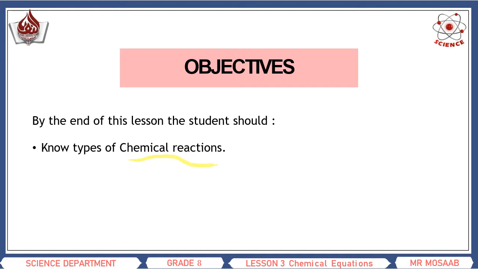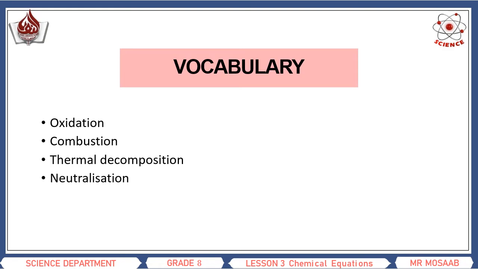You should know how to differentiate between each chemical reaction, based on the general equation, or the reactants, or the products, or the requirements for this reaction. So we will start with the first chemical reaction, which is oxidation. The first chemical reaction for us today is oxidation reaction, then combustion, thermal decomposition, and last neutralization.